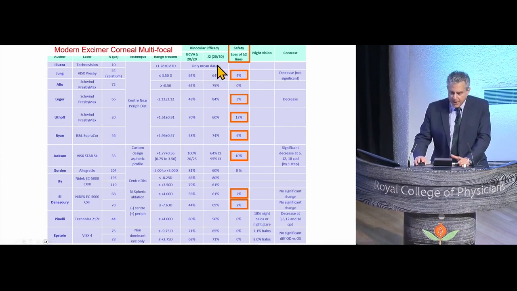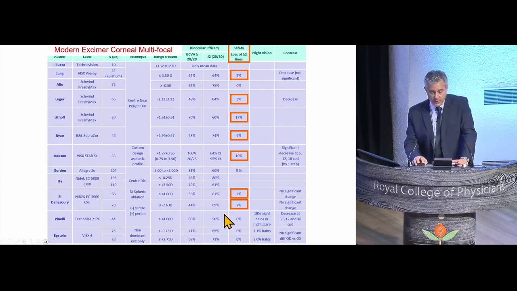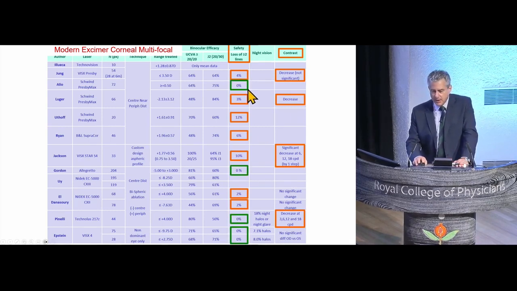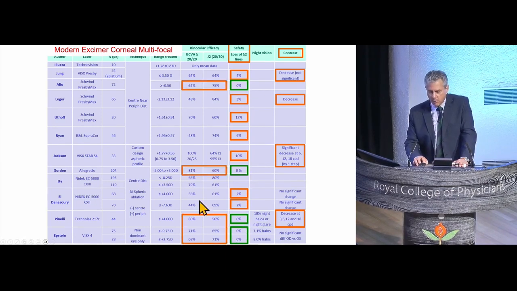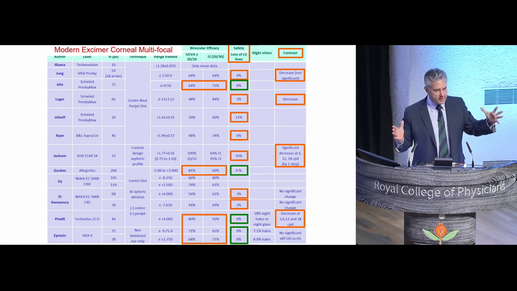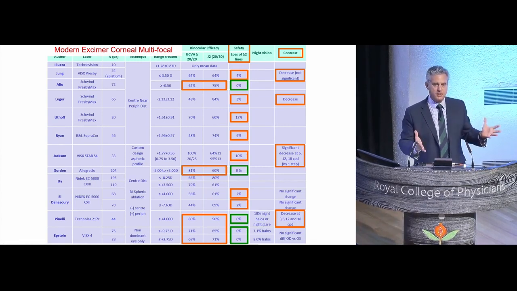You can see that in general, multifocal corneas have poor safety and poor contrast, because it's what you'd expect. The other thing is that the studies that had good safety had poor outcomes in terms of how much patients could see. 20/20 J2, really not very good outcomes. It's the same story, right? More multifocality, more vision, but more side effects. Less multifocality, better distance vision, but less near.